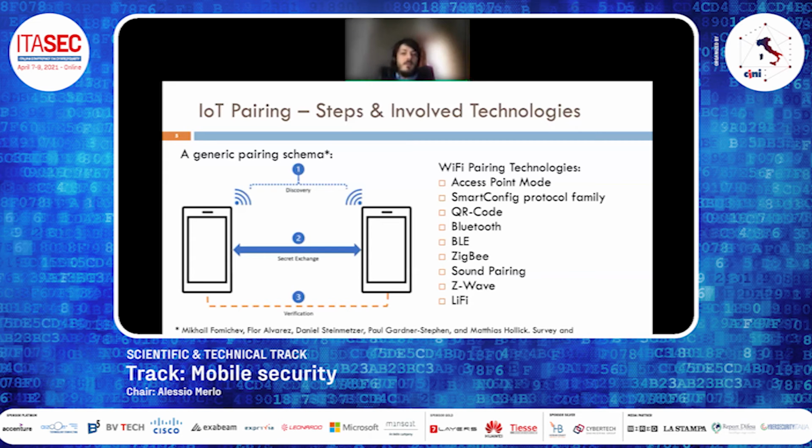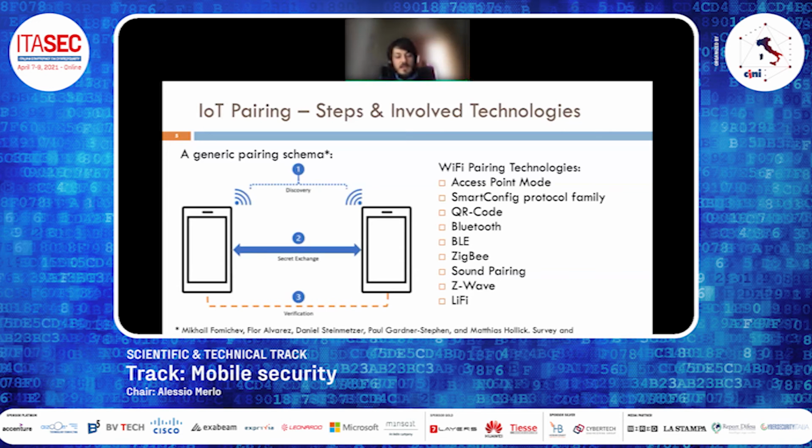For example, think about a scenario that involves a smartphone, and this smartphone wants to configure the IoT device through, for example, a mobile application. So you have an instance of this schema between the smartphone and the device, and a second instance between the device and the target network.